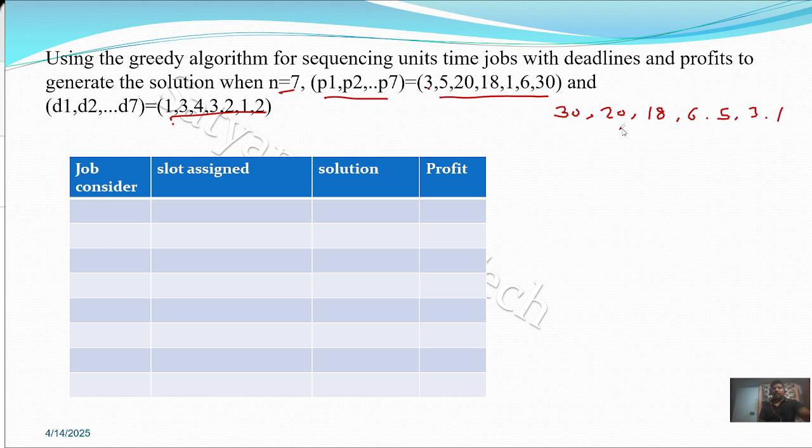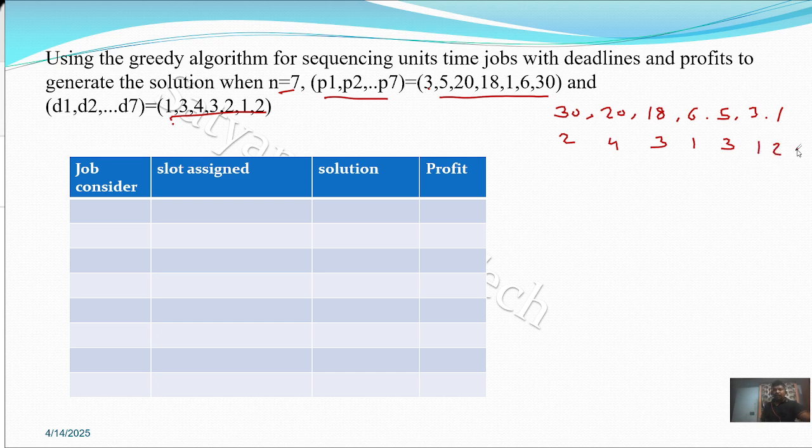These are the jobs you can write. Next, the deadlines of the jobs: 2 and 4, then 4, then 3, then 1, then 3, then 1, then 2.